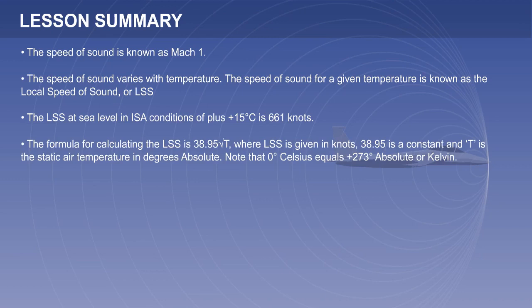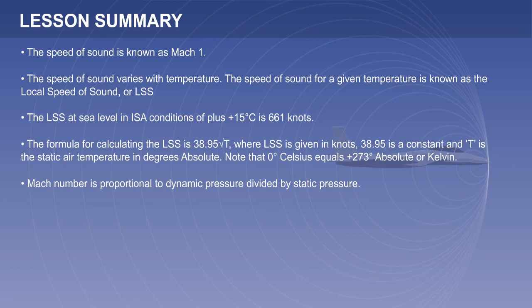The formula for calculating the local speed of sound is 38.95 times the square root of T, where local speed of sound is given in knots, 38.95 is a constant, and T is the static air temperature in degrees absolute. Note that 0 degrees Celsius equals plus 273 degrees absolute, or Kelvin.